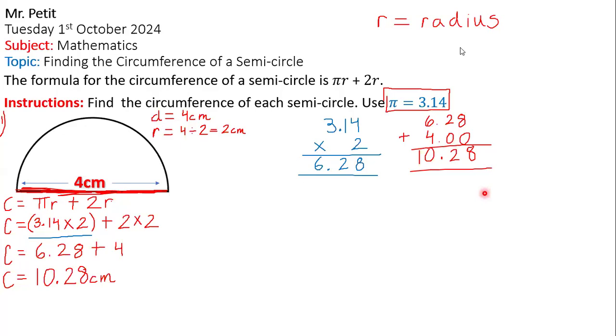Anyone who still does not understand how we got this? Can you explain the whole formula, please? Okay, so you want me to explain? I don't understand why you have 2 multiplied by 2.